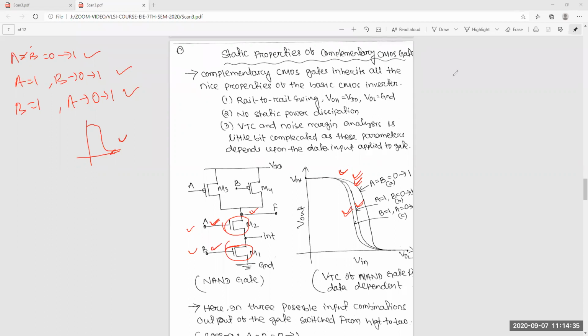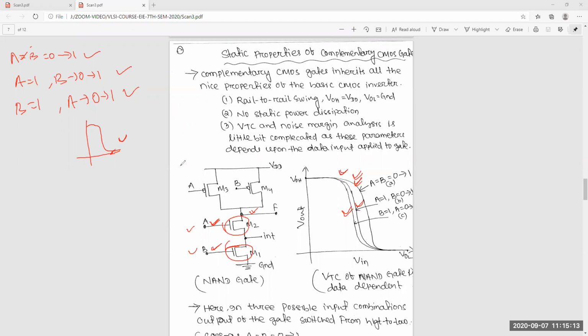Sir, it is the strength of PMOS and NMOS. If the PMOS is stronger compared to the NMOS, then it will shift to the right side, and if it is weaker, then it will shift to the left side, because the NMOS will pull it down quickly.